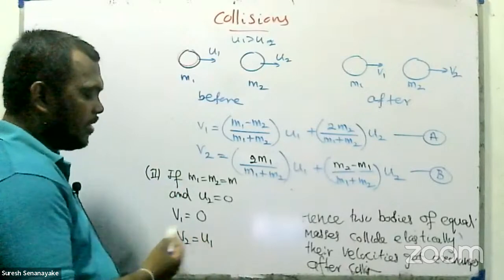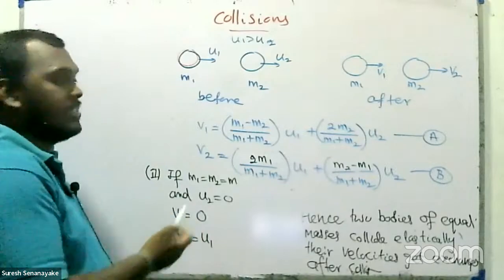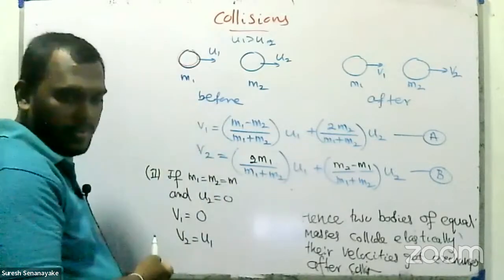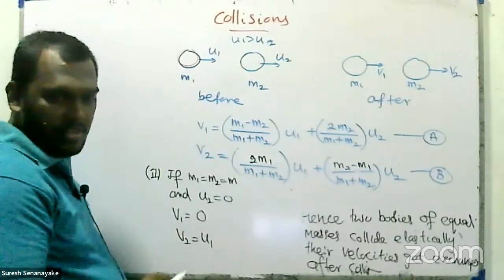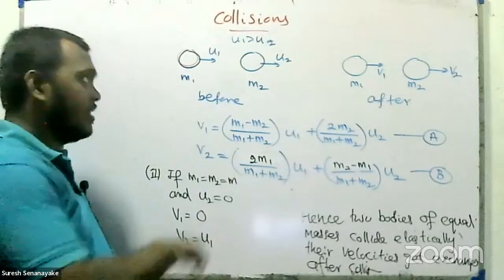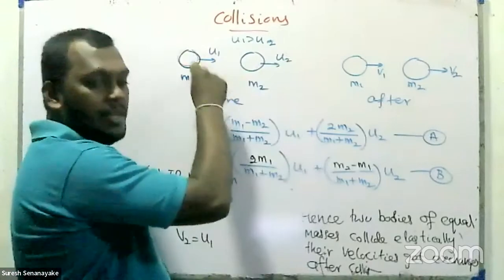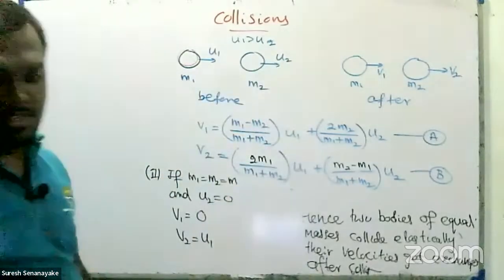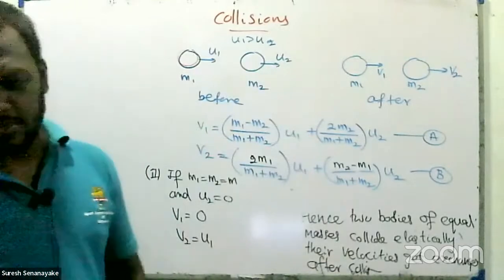So the stationary body moves with the velocity with which the first body was moving, and the first body will stop. That's also the same thing: the velocities are exchanged. Exchange means this has velocity 0, the 0 goes to the moving body, and the initial velocity goes to the stationary body. Then after the collision, they move like that. No need to explain more.